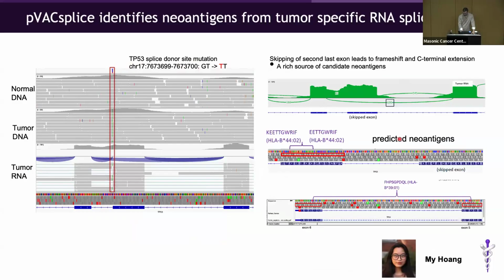It then looks at the RNA data for an alternative splicing event that would make sense for that DNA splice mutation. And then it looks at the alternative tumor-specific isoform to try to predict peptide sequences that would arise from the skipping of an exon or the extension of the boundary of an exon, either breaking or maintaining the frame and giving you tumor-specific peptide sequence.